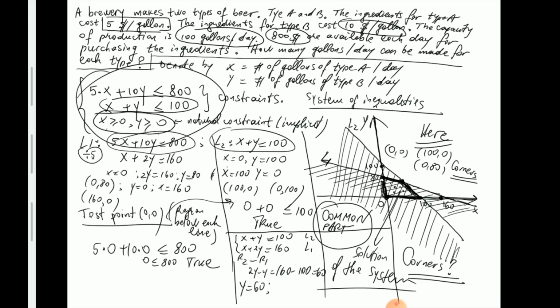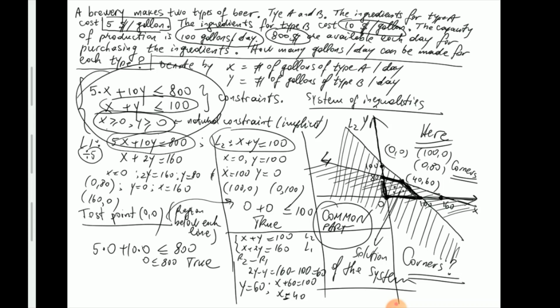And if you plug it into the first equation, for example, you will get x equals 40. So this corner is (40, 60). This is a typical word problem in this section: set up the coordinates, the constraints, solve the system of inequalities that results from it, and find the corners.